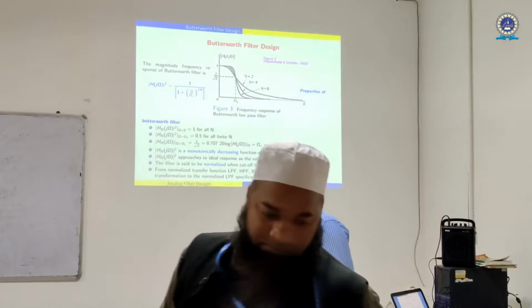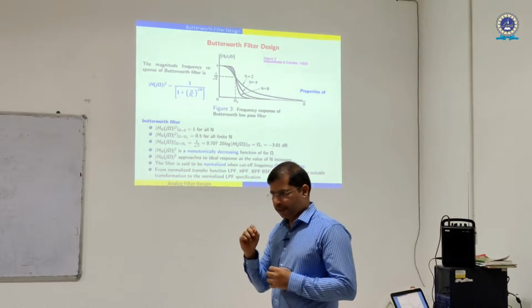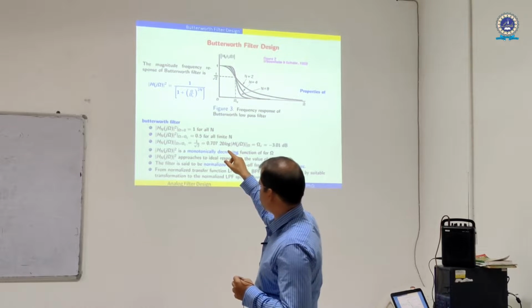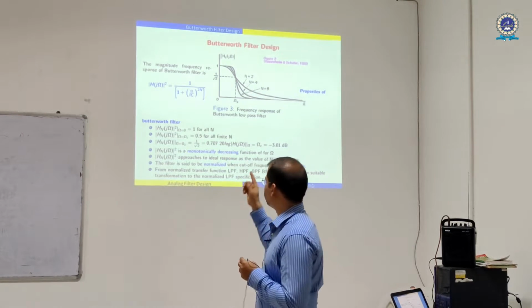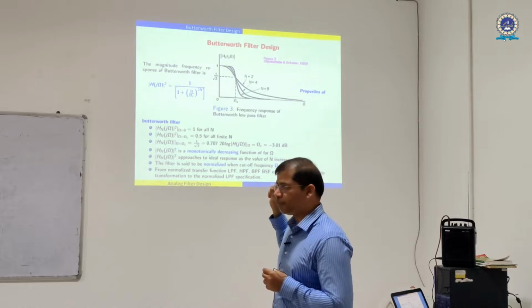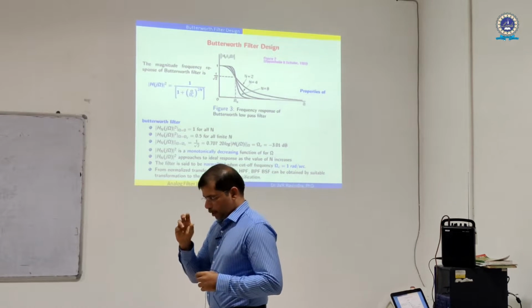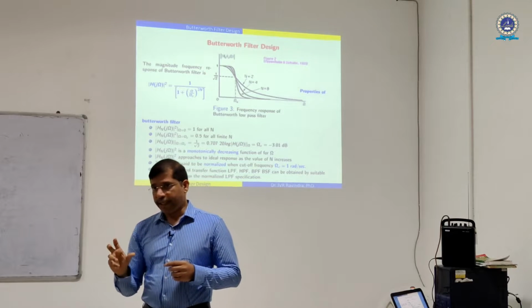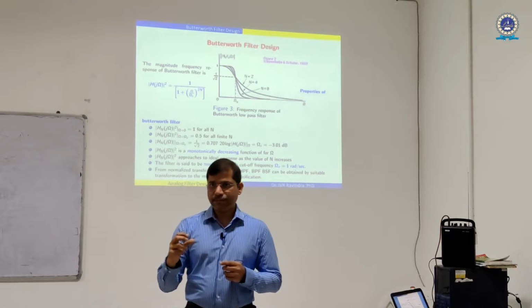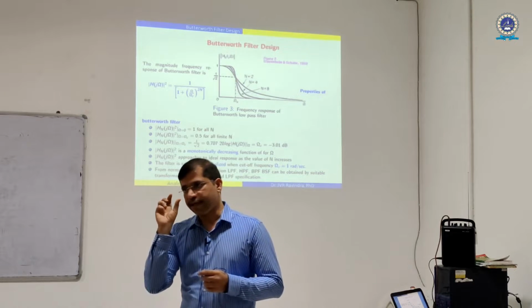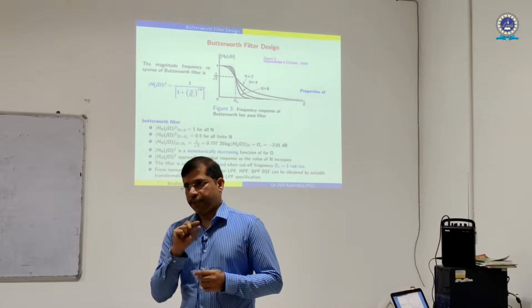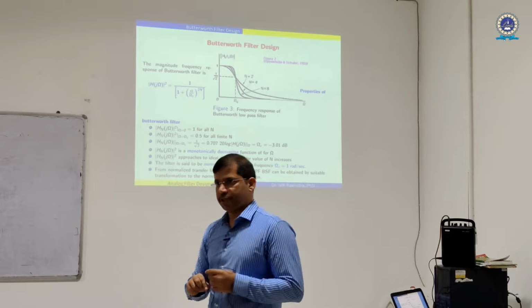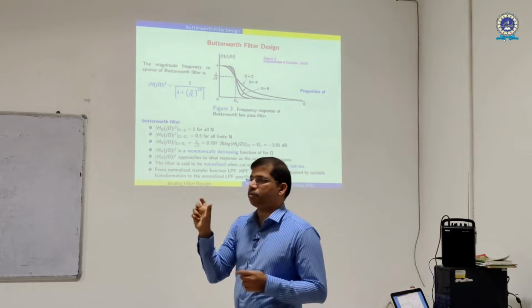Now let us go to the Butterworth design. Here you look at the magnitude response, |H(jΩ)| whole square, that means magnitude response equals 1 by 1 plus (Ω by Ω c) whole power 2N. This is the one that he has predicted, and he has given that particular magnitude response. But now there are a number of questions: how good is that particular equation?